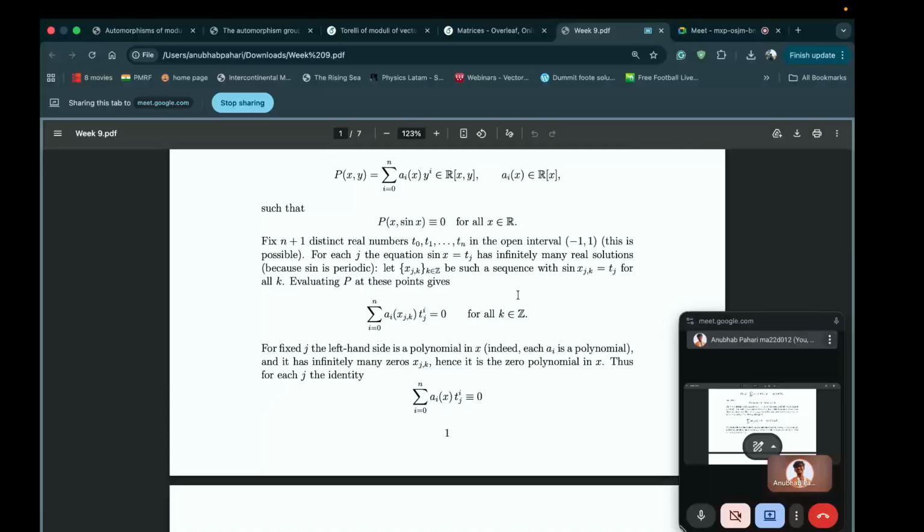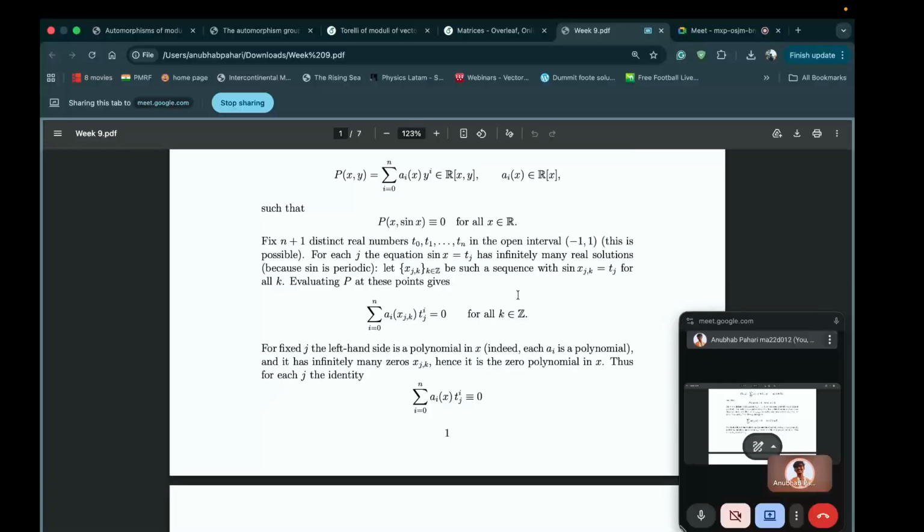Therefore you will get the same value for infinitely many x. Let x_{j,k}, where k is running over Z, be such a sequence with sin x_{j,k} equals t_j for all k.